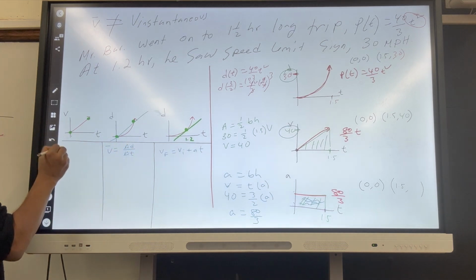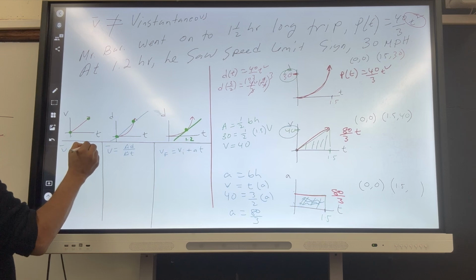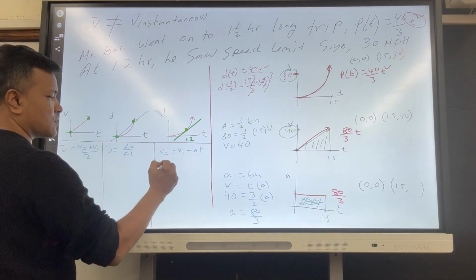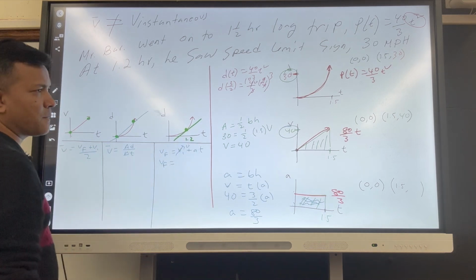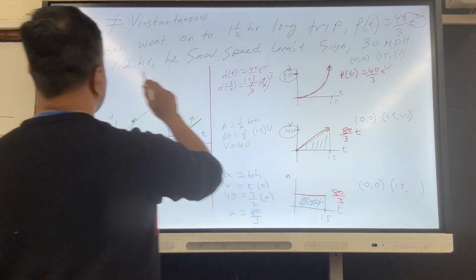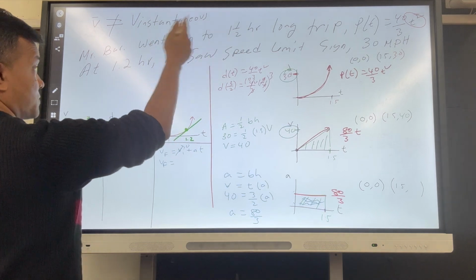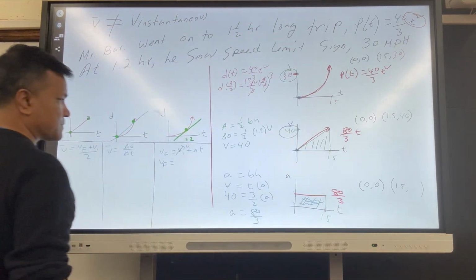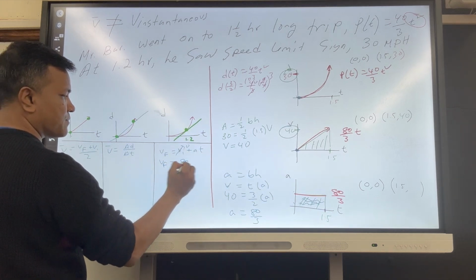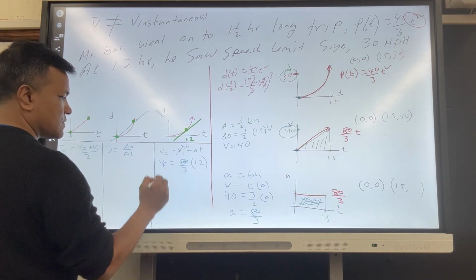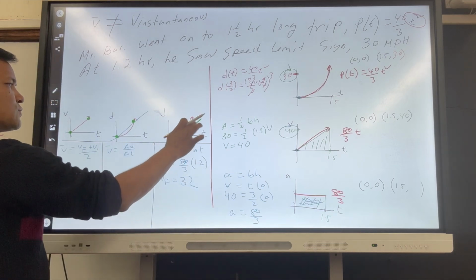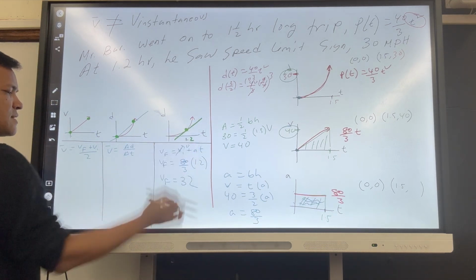For this one, average velocity is vf plus vi over 2. So vf is equal to... what is vi? It is 0. How do you know? Mr. Bari went from rest, so 0. a is 80 over 3, at 1.2. So final velocity is 32. So at 1.2, what is the slope of this tangent line? It's 32.